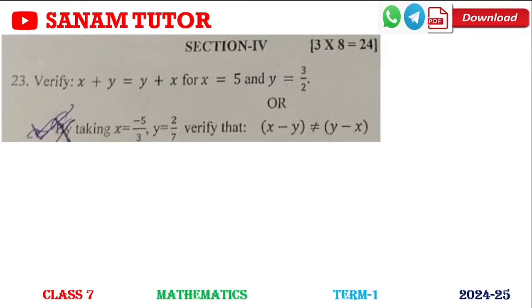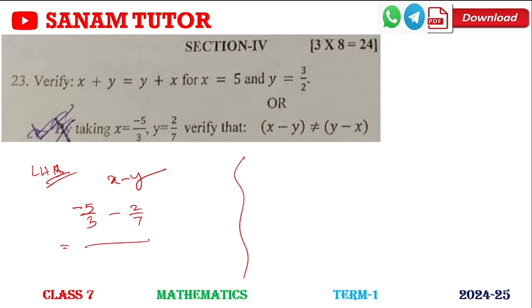By taking this, verify. Same, LHS, left hand side, that is x minus y. So put the value minus 5 by 3 minus 2 by 7. Take LCM as 21. 7 threes, that is 35. 3 sevens 6. Same sign means addition, that is minus 41 by 21.